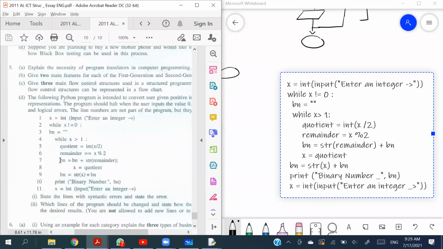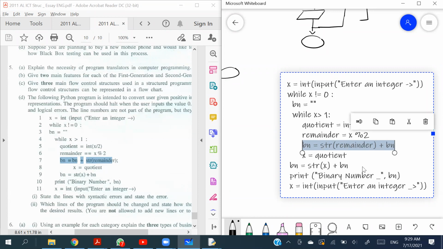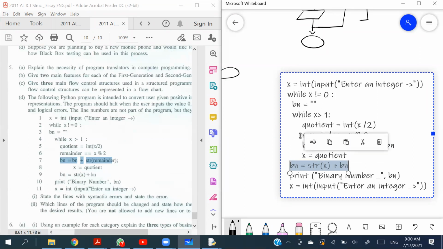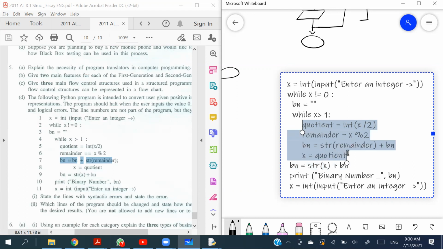Now here in the 7th line, you can see the statement is like bn equals bn plus str remainder. But in the answer, they have changed it, right? And nothing else is being changed. Yeah, there's one change over here because bn has been back indented. That means it is taken out of this particular while, right?